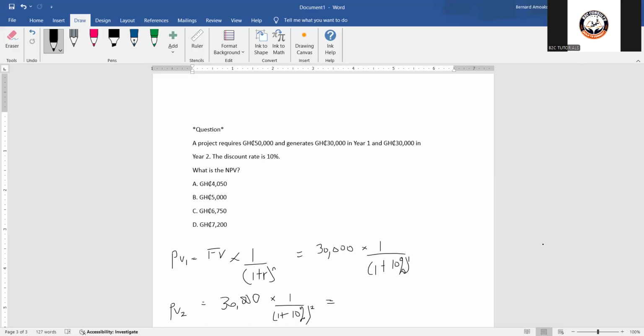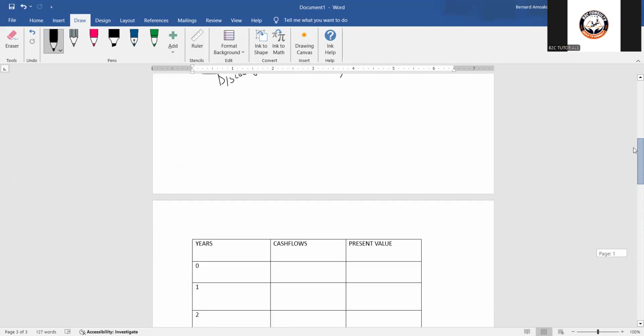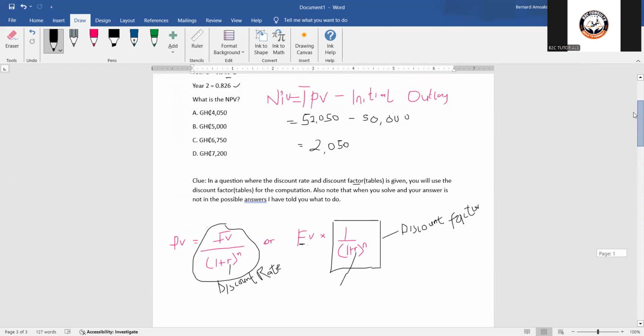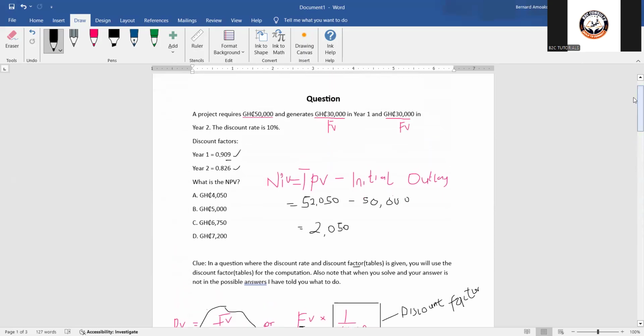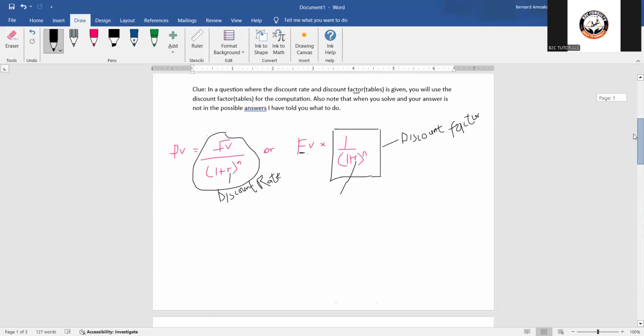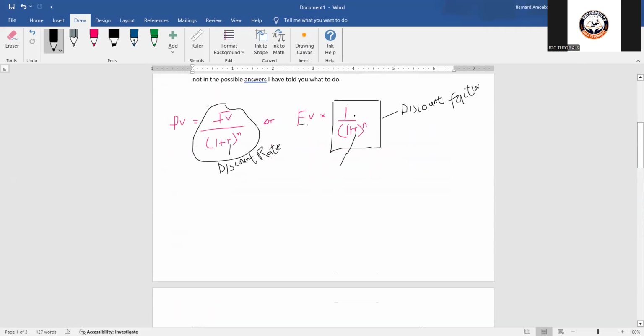Now, if the question has a discount factor in it, you need to use the discount factor to determine the present values. Now, this discount factor is what I said is on the tables. It's on the tables.